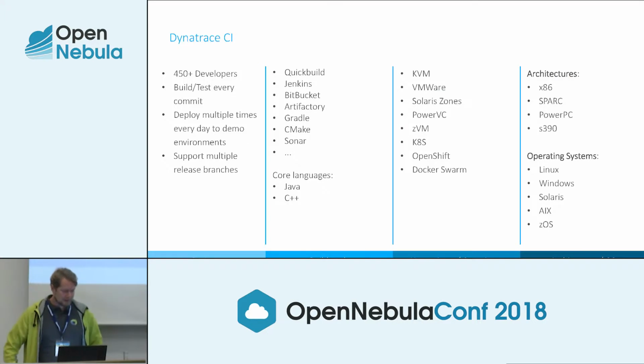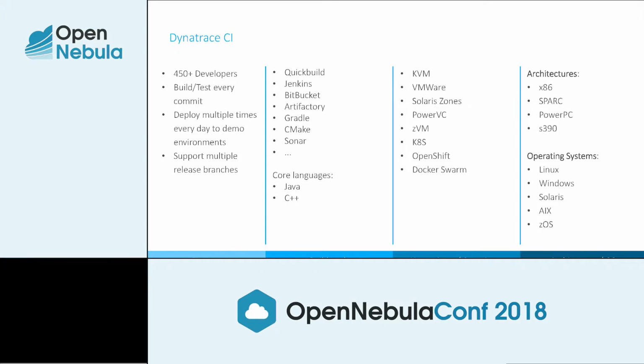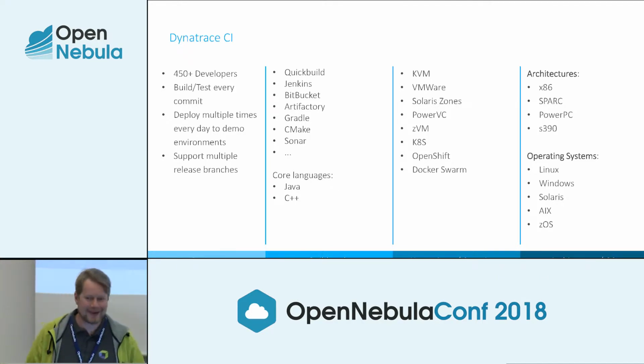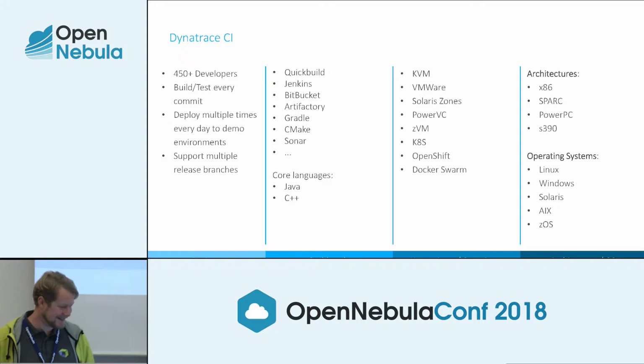Okay, so a short overview of the Dynatrace CI. We currently have 450 developers working on the product code, and it's always growing. We build and test basically every commit. Every commit, every merge triggers a pipeline run to build the whole product. So there is a lot going on in the environment.